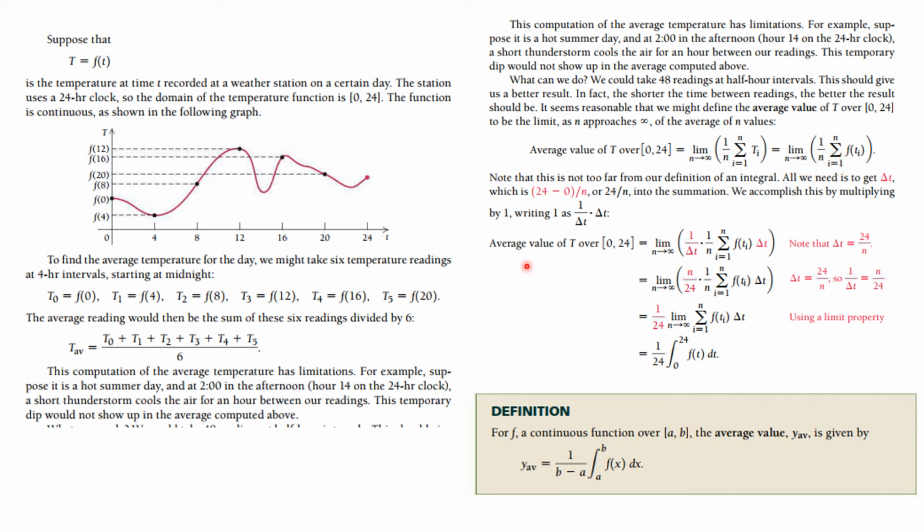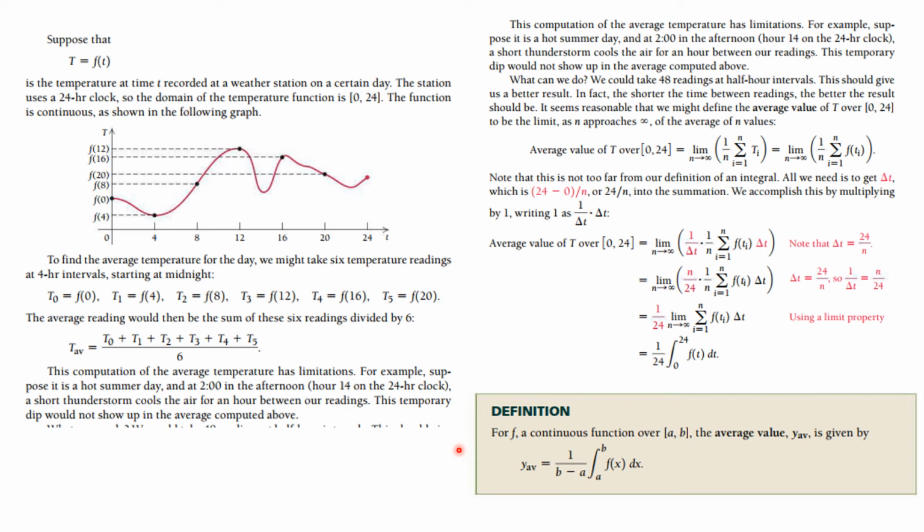The average value over the interval from 0 to 24 really ends up being, when you do the calculation, 1 over 24 times the definite integral from 0 to 24 of f of t dt. That leads us to the following definition, one that you should know, because I could give you a function and ask you to find the average value.